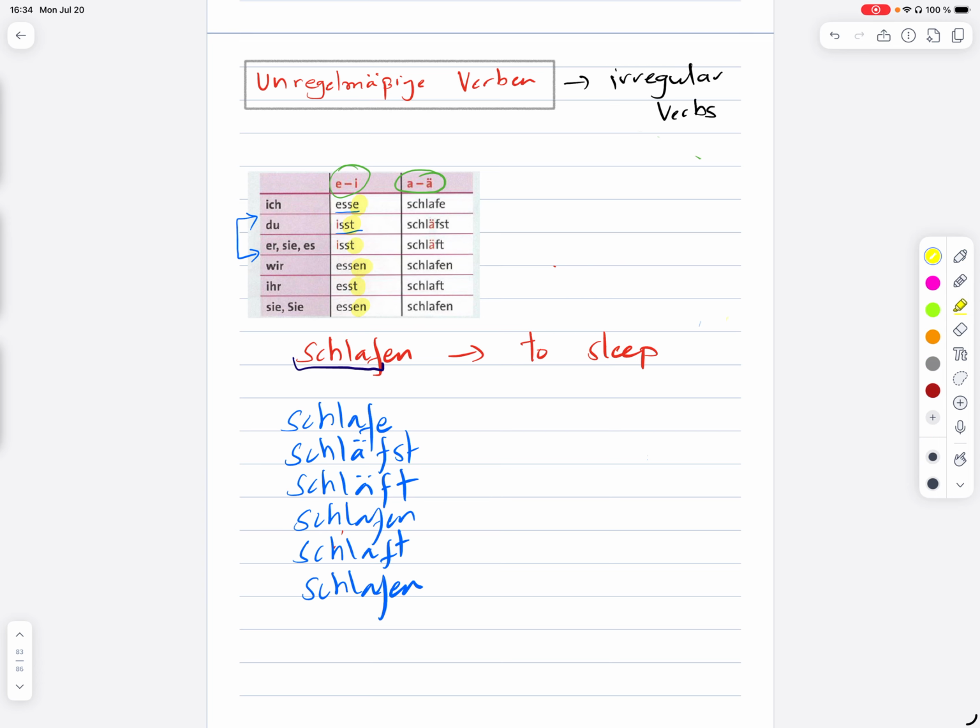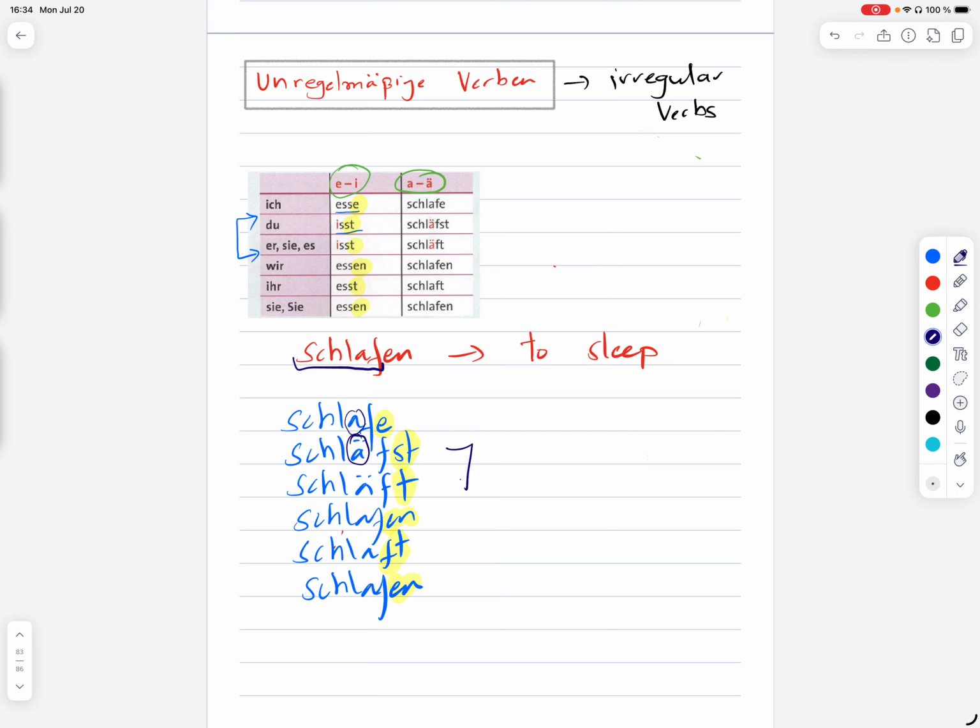So if you look at it, the ending conjugation remains the same. Ich schlafe, du schläfst, es schläft, wir schlafen, ihr schlaft und sie schlafen. However, for irregular verbs, in this case, a was changed to a umlaut, right?